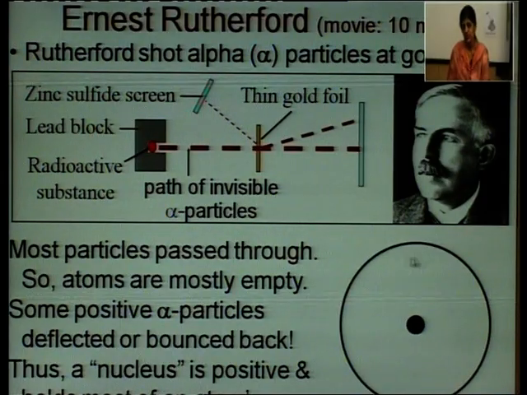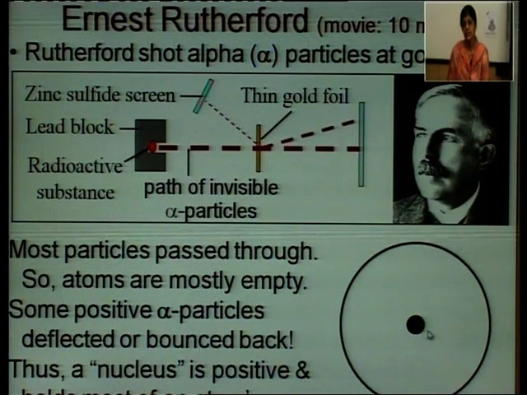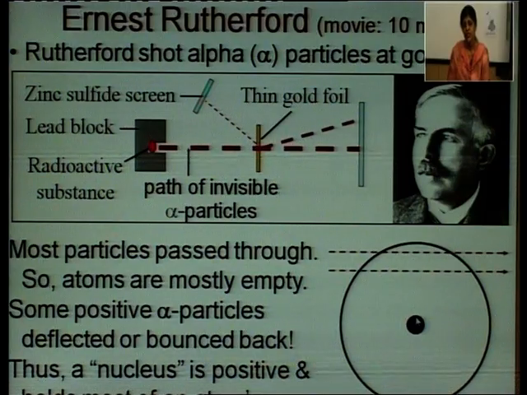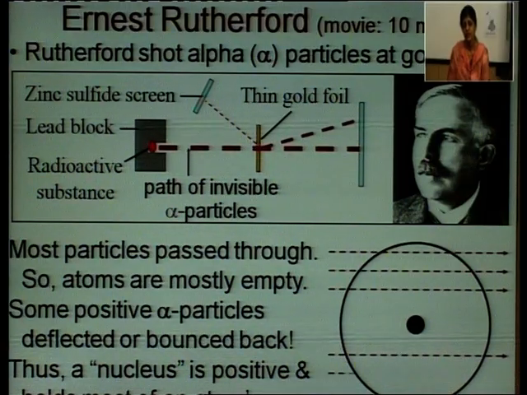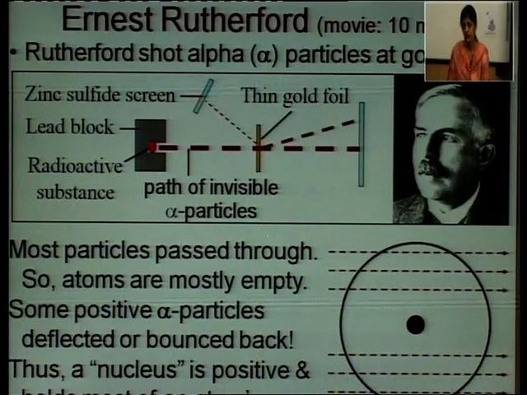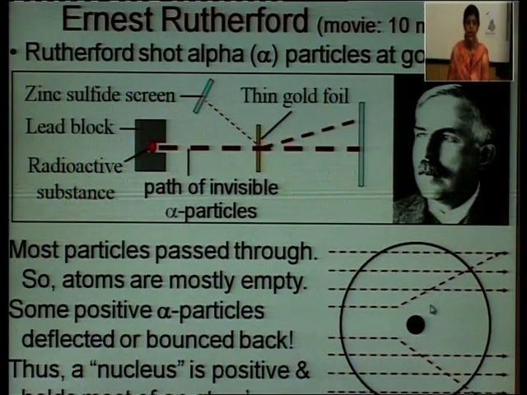Since this whole portion of the atom is empty, most of the particles pass straight through the foil, and since there is a nucleus in the center, the particles that hit this nucleus get deflected. The ones that touch the edges of the nucleus get deflected by small angles. This was Rutherford's experiment.